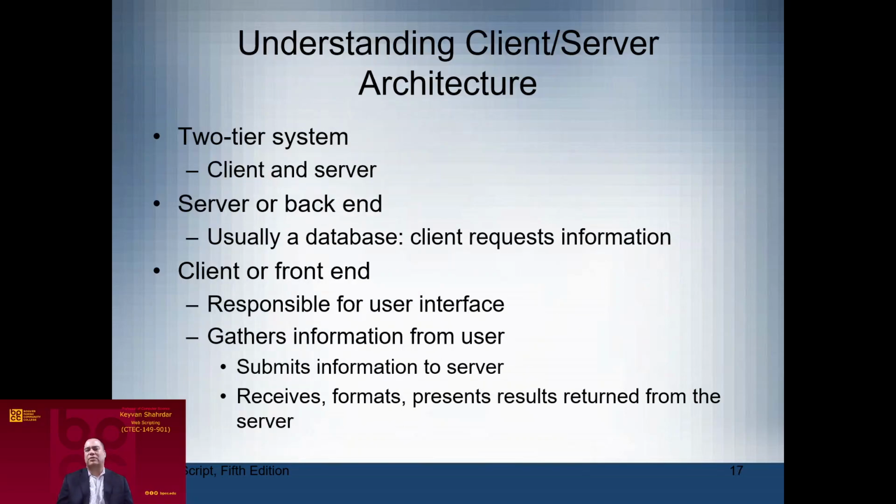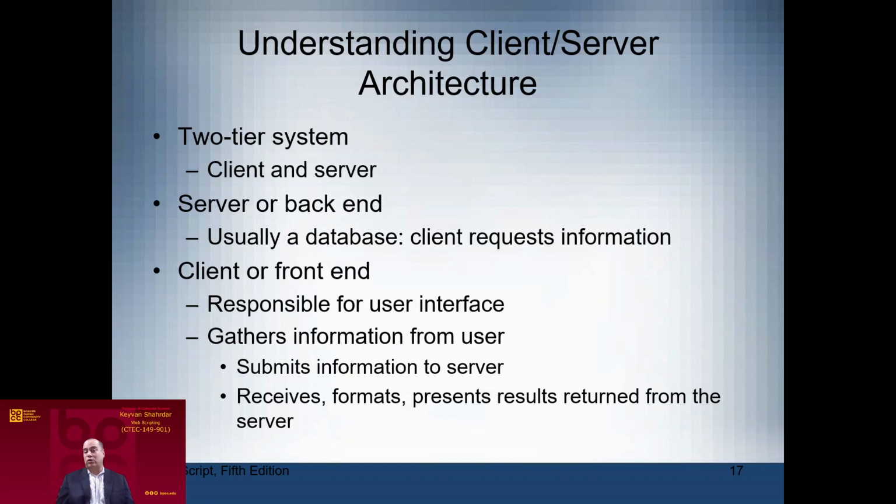So there are two-tier systems, such as the client and the server. The server, or the back end, usually has a database. A database allows you to store information in sort of a file ranking way.